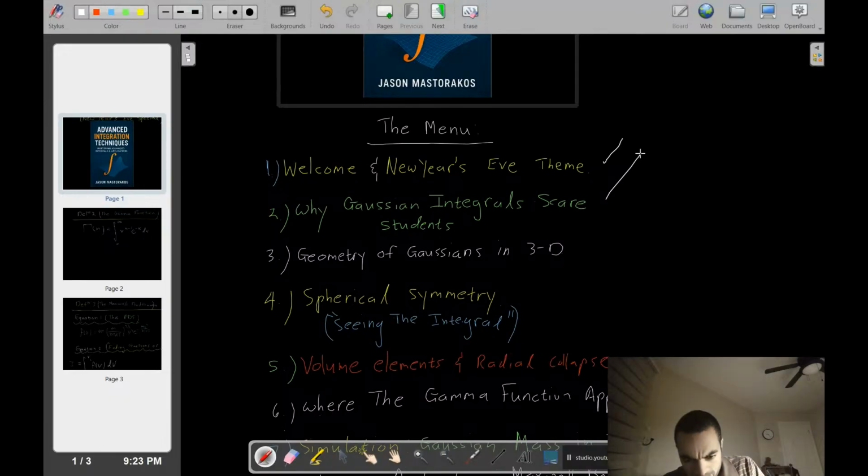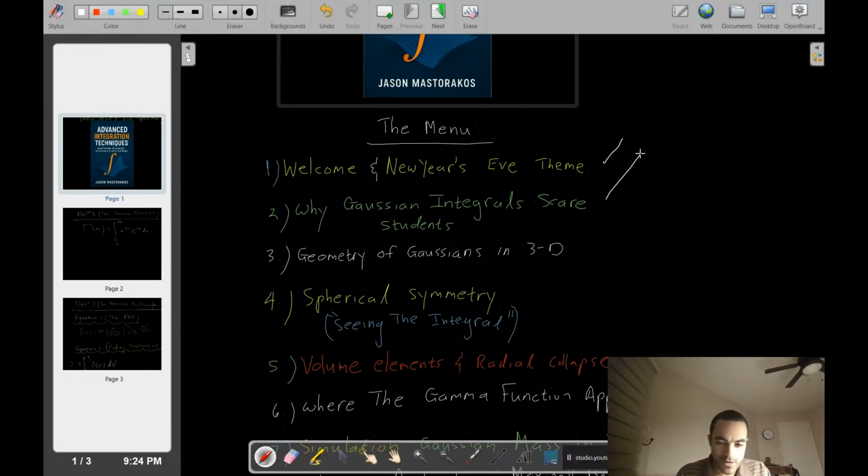Because Gaussians, yes, they're a radial mess, but they're concentrated near the origin. They're a radial mess, but they're concentrated right at the origin. So what do I mean by that?